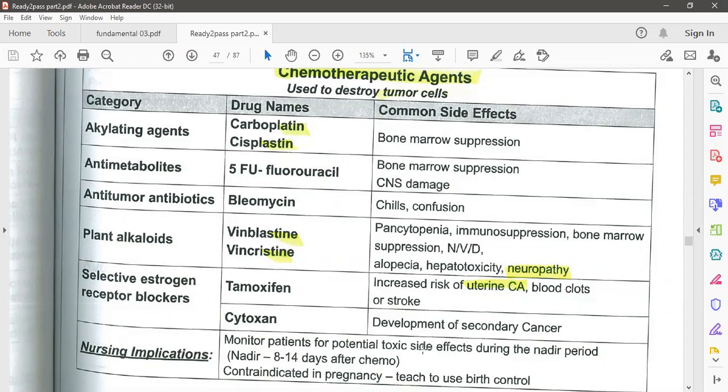A client's weight should be taken the day of medication administration. So that day you give, that day we measure the body weight. Also, the client should avoid vaccination during the therapy.